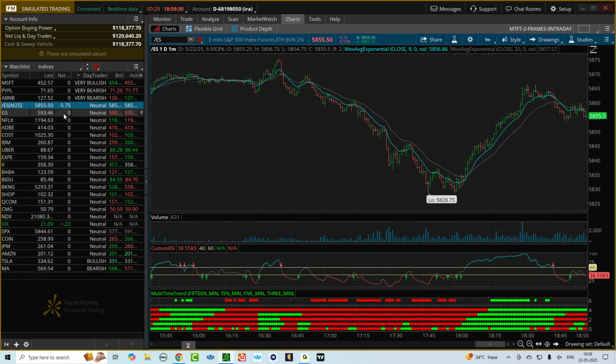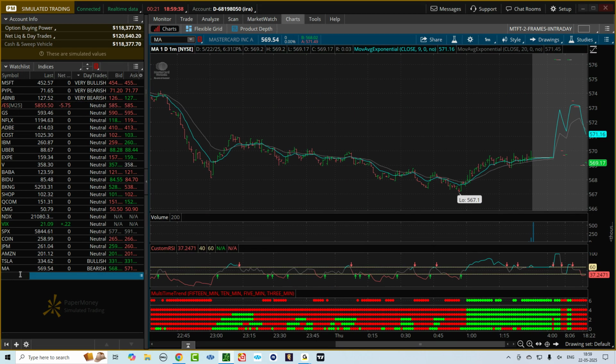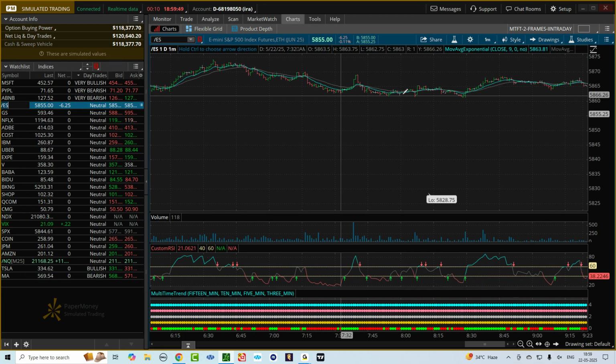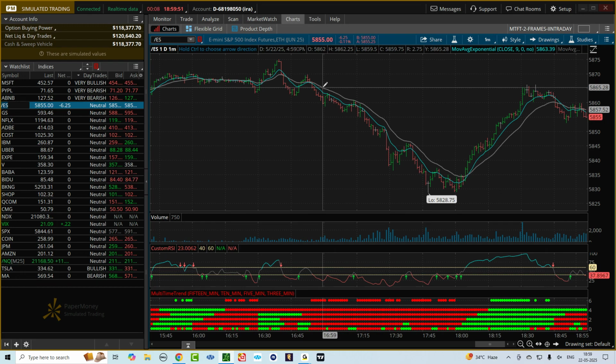Nasdaq is up a little bit, I believe, but we'll see what happens after the open. I think I lost my Nasdaq here. Okay, Nasdaq is also up just marginally. So what we'll do is first take a look at what the ES futures are doing, and then see what stocks are moving which way.